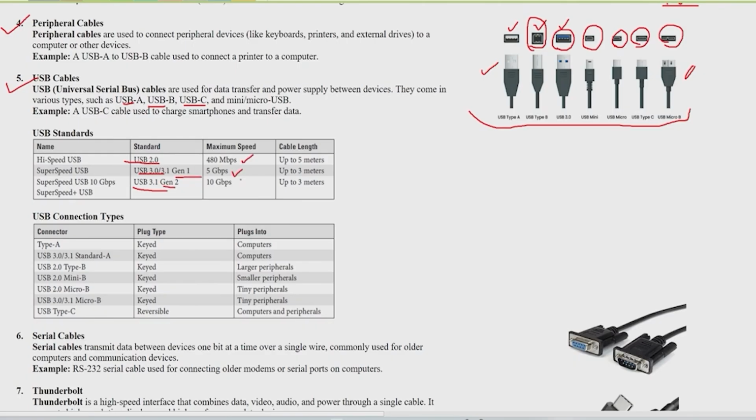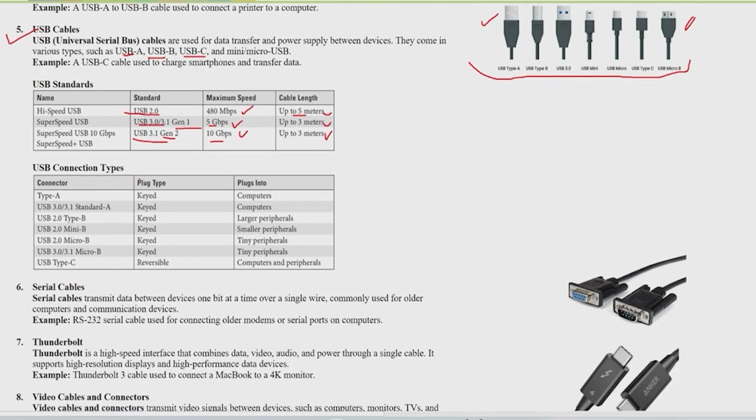What is the difference? Speed, which I already told you. Before it was 480 Mbps, then 5 Gbps, 10 Gbps. Now we can transfer 10 Gbps in USB 3.1 also, up to 3 meters. But the first USB, 2.0, we could connect up to 5 meters, which was covering a longer distance. But nowadays distance doesn't matter. 3 meters is also enough.